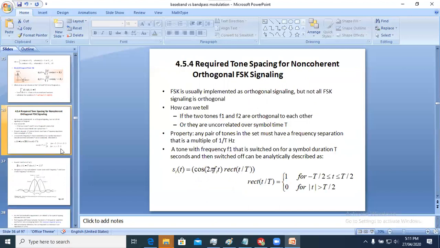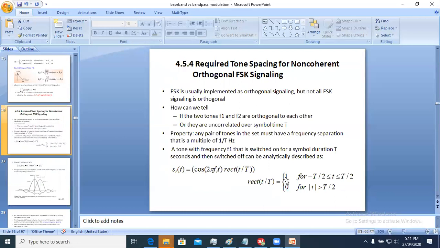For this frequency spacing, we assume that we have cos 2 pi f_i t for the ith symbol, and we pass it through a rectangular filter which spans from minus T by 2 to T by 2, and its value is 1 during this period.